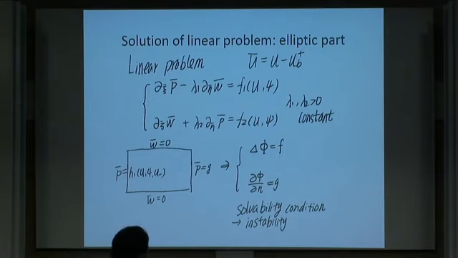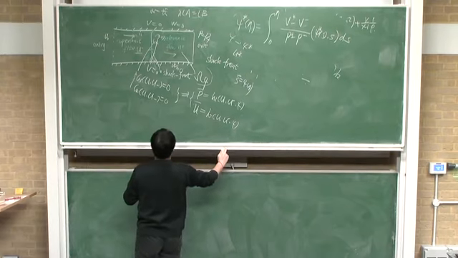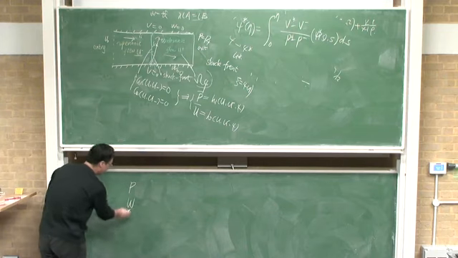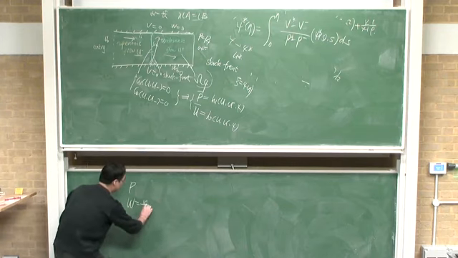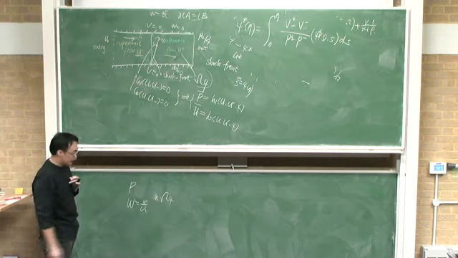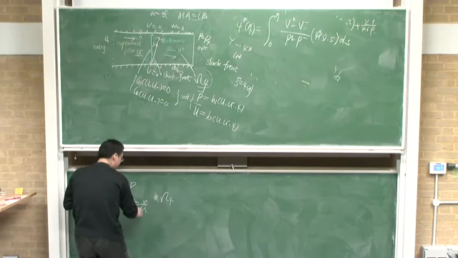Once the elliptic part is solvable, once we solve this, now we solve the hyperbolic part. Recall from the elliptic part, we have got the pressure and the velocity W, the V over U. We have got this in the domain by solving this.